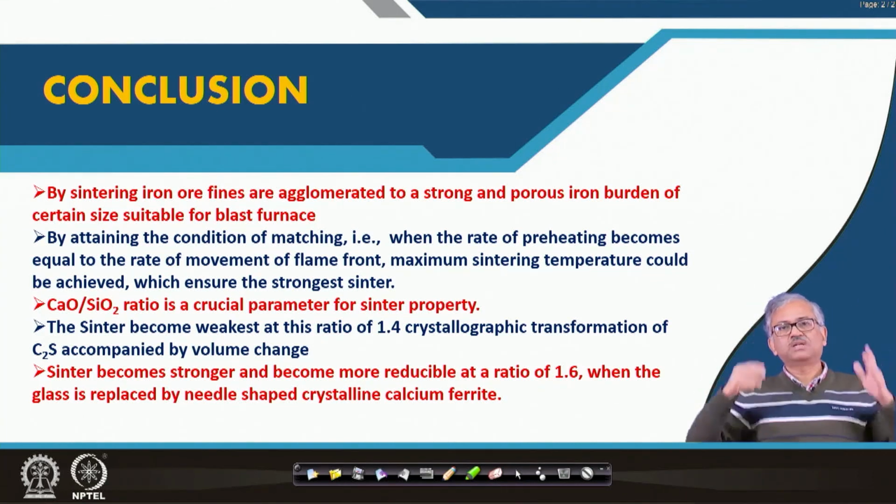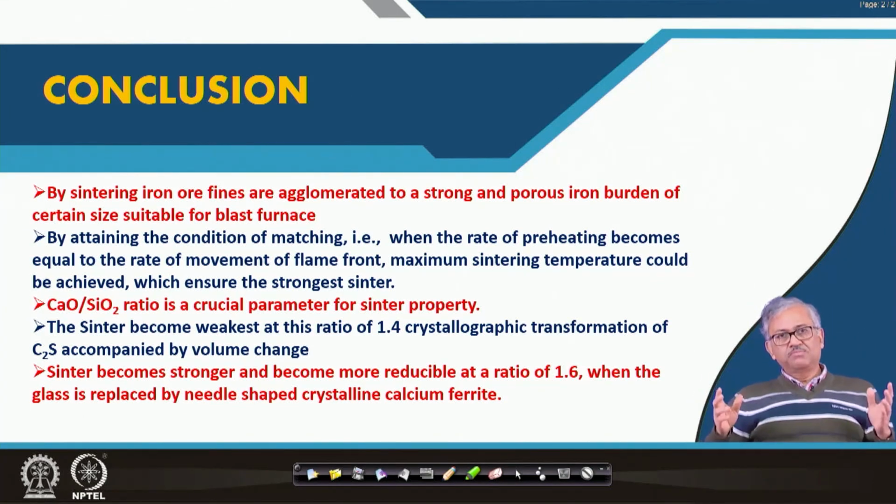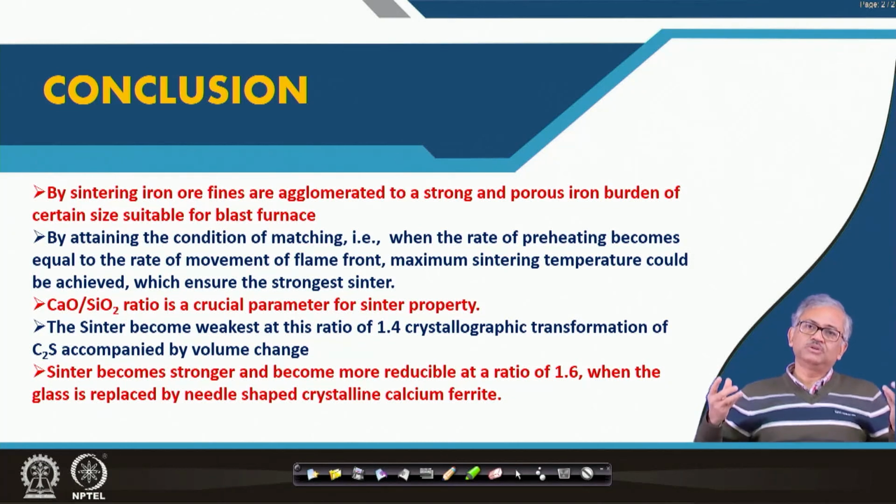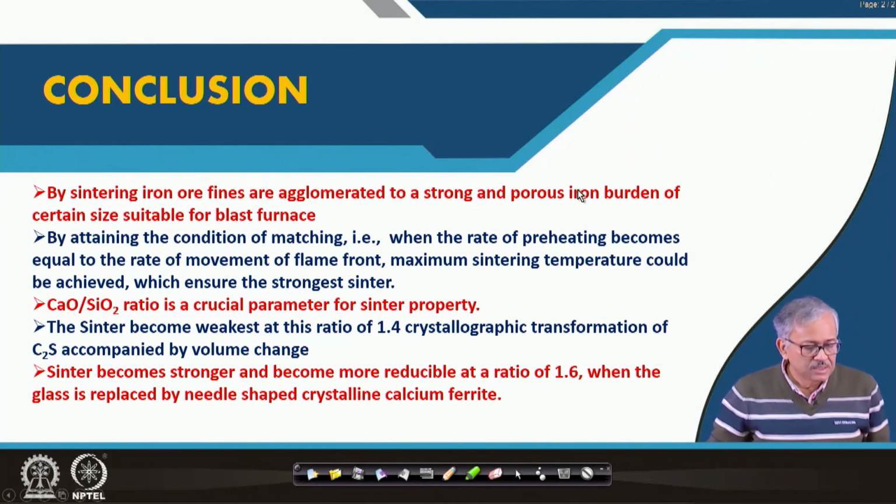As a result, your peak temperature becomes very high. If the peak temperature is high, especially the area under the curve on the temperature versus time profile at a particular location, when the area under the curve above 1000 degrees centigrade is high, then you can ensure a very strong sinter, right?